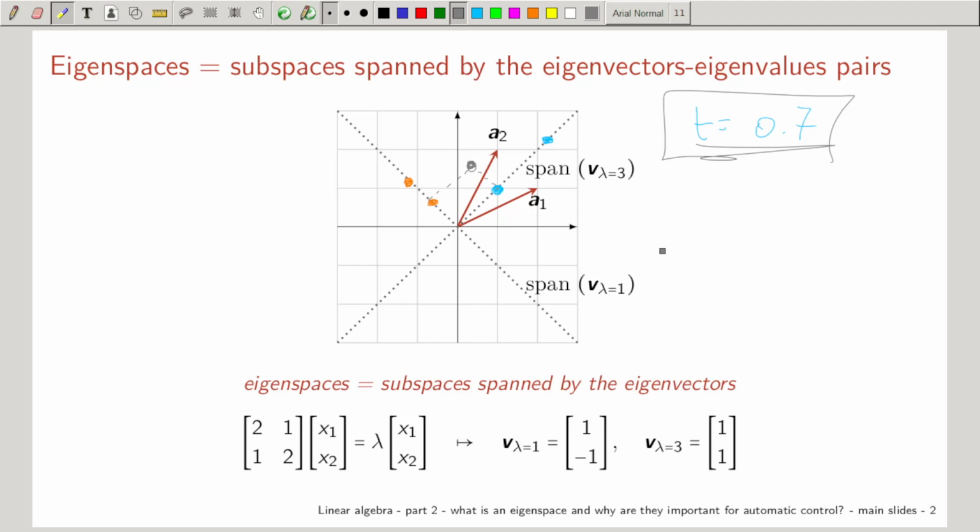Linearity, superposition of the effects. This is the sum of this cause plus this cause.